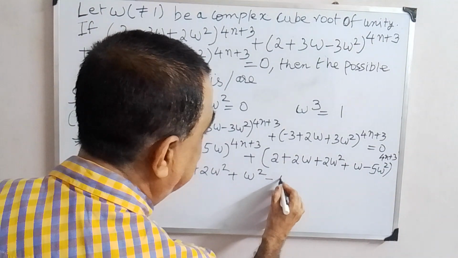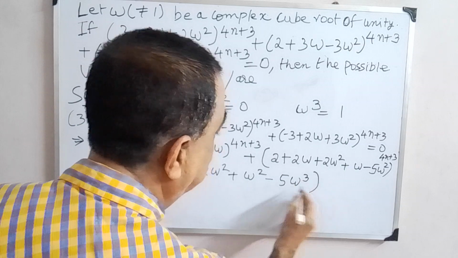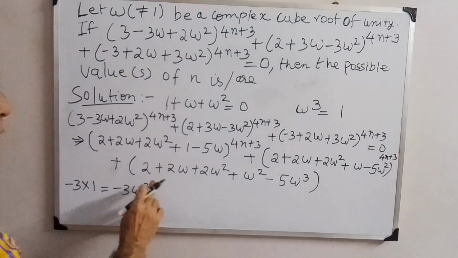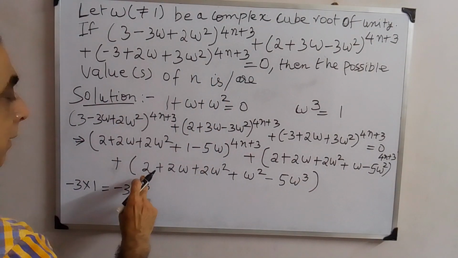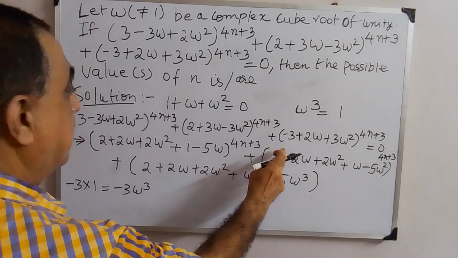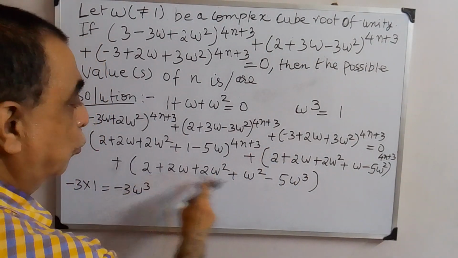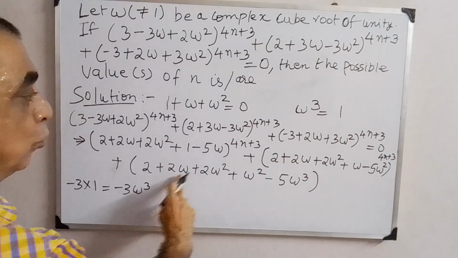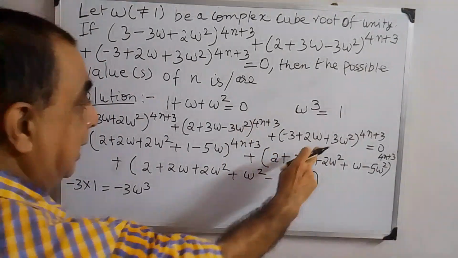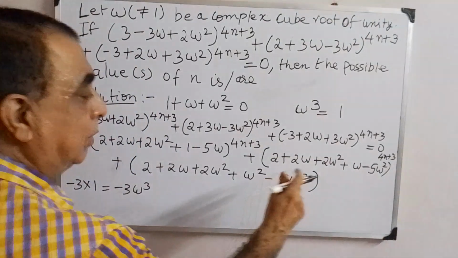So minus 5 I am writing as minus 5 omega cube, because minus 5 omega cube is equal to minus 5. So 2 minus 5 will be minus 3. Then 2 omega I have written as 2 omega, and 3 omega squared I have written as 2 omega squared plus omega squared.